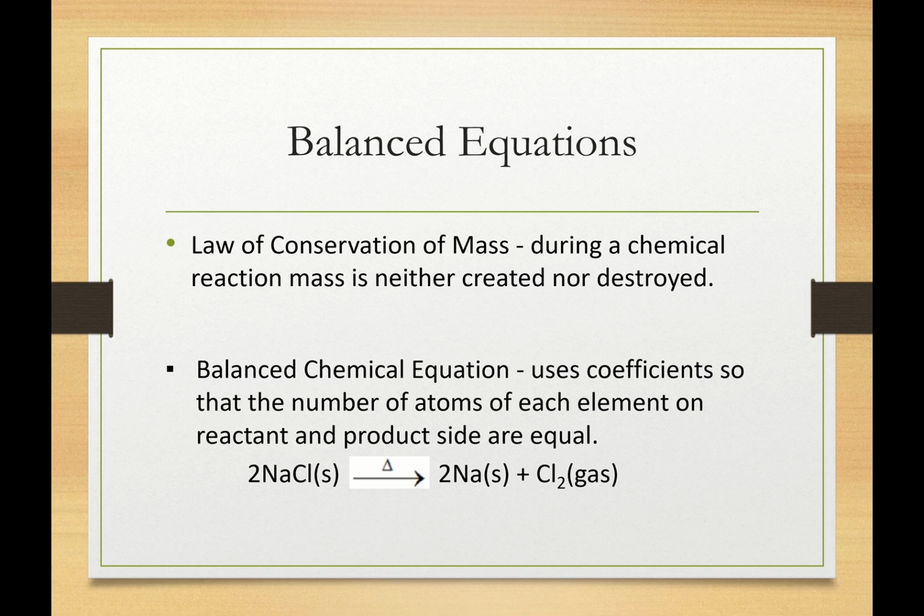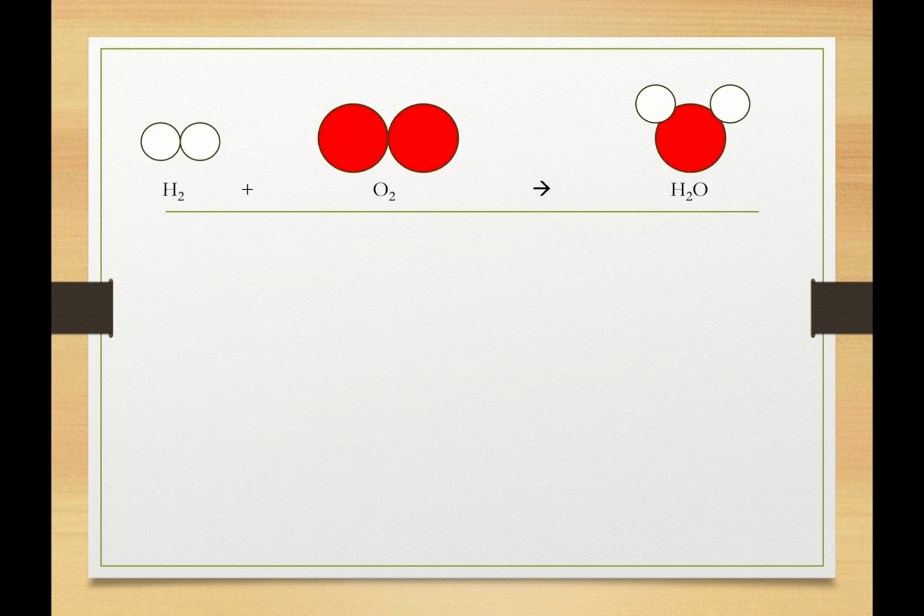Essentially, a balanced equation is making sure that atoms are only rearranging and not forming or disappearing anywhere. And to balance the equation, all we must do is adjust these coefficients in front of these different substances. Let's take a look at why exactly we need to balance an equation.